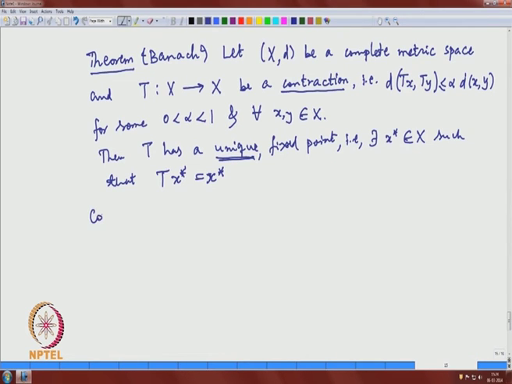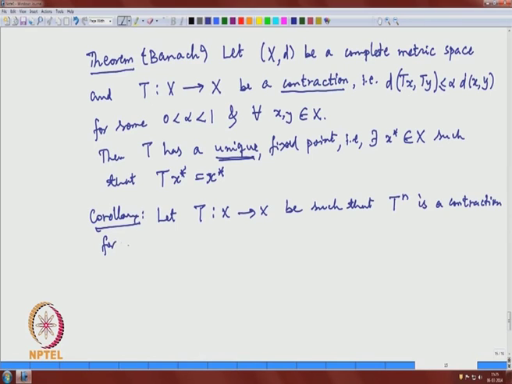As a corollary, in the same setting, let T from X to X be such that T need not be a contraction, but what we are assuming is that T^n is a contraction for some n bigger than or equal to 1. T^n means you compose T with itself n times, so T^2 is T composite T, and so on.